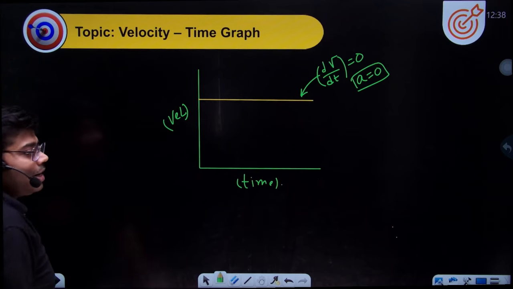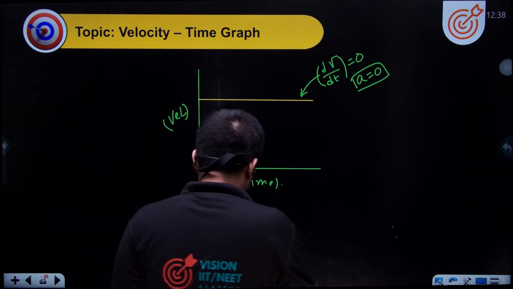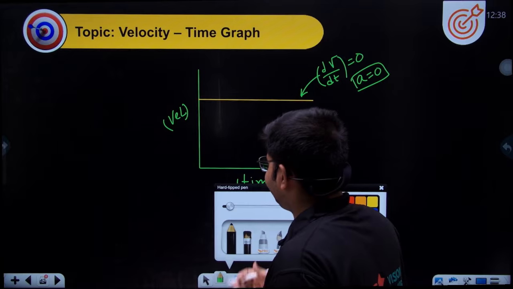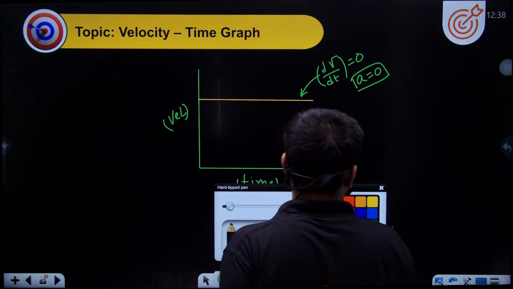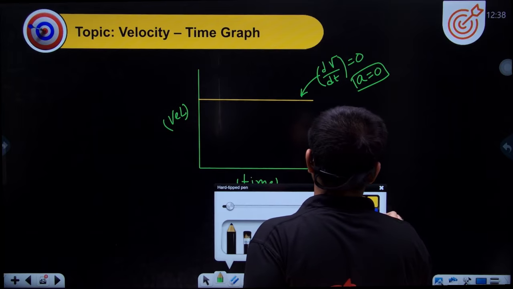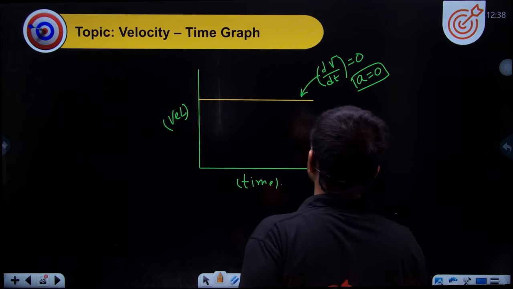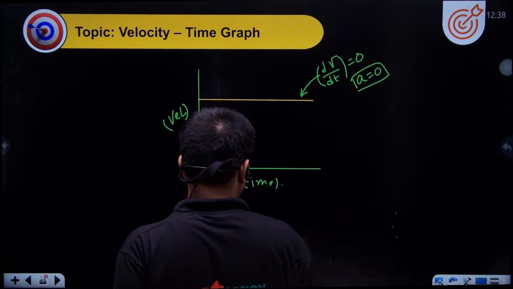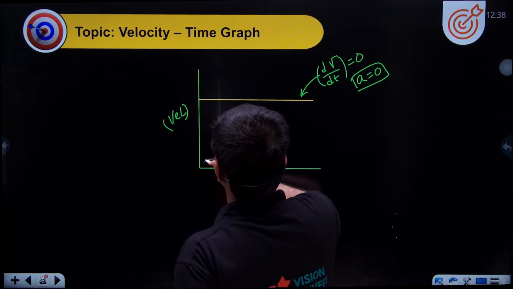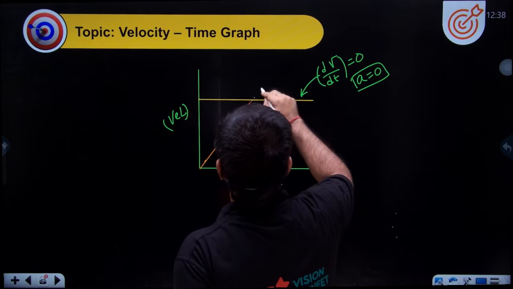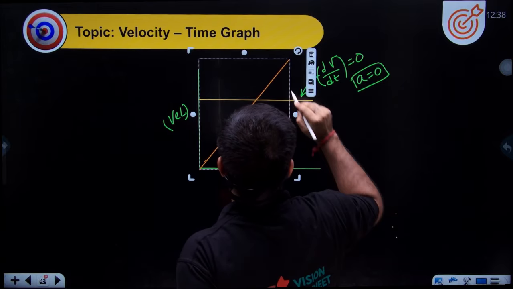And the next thing is when the velocity is increasing but at a uniform rate, then how am I going to plot it? Say for example, the velocity is increasing but uniformly.